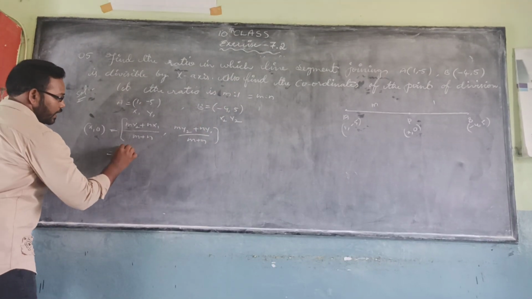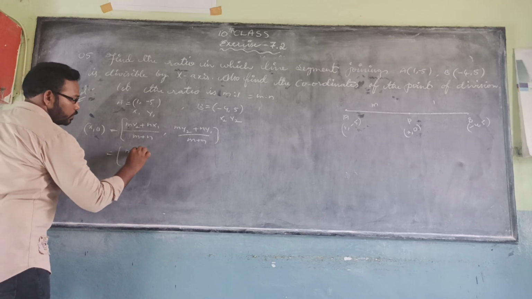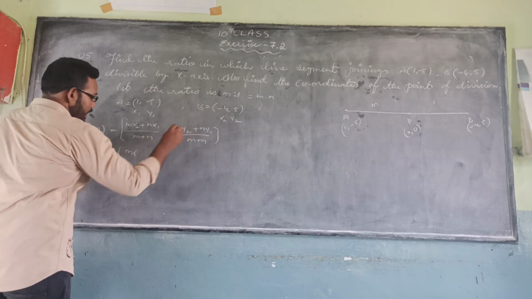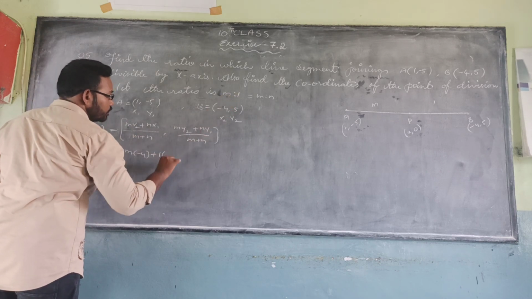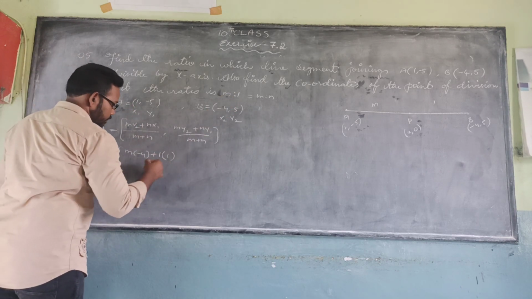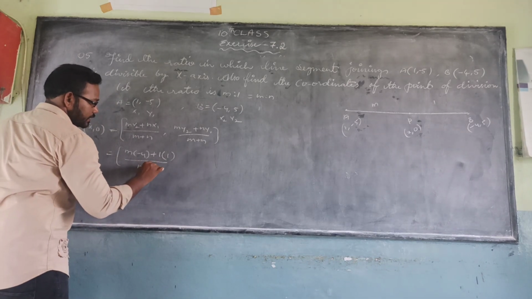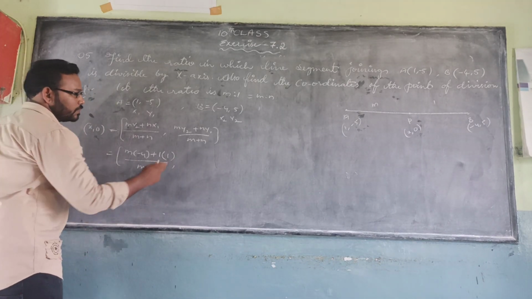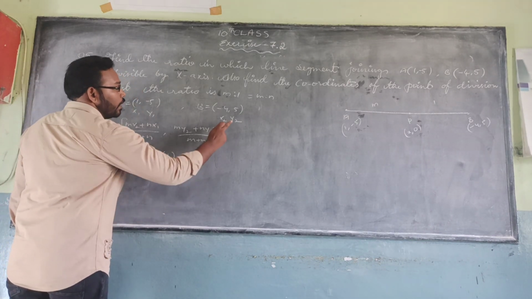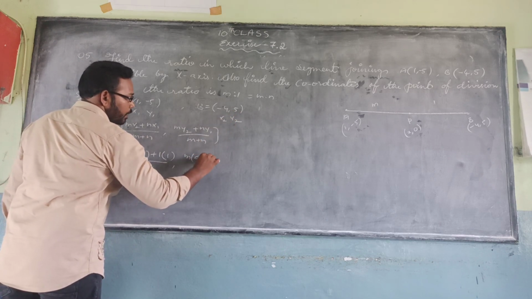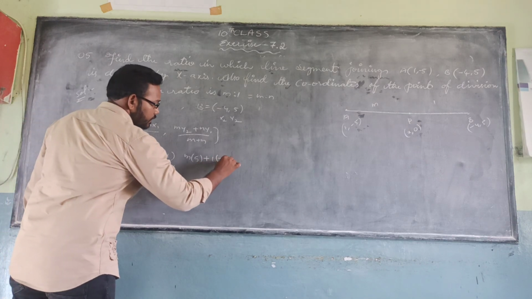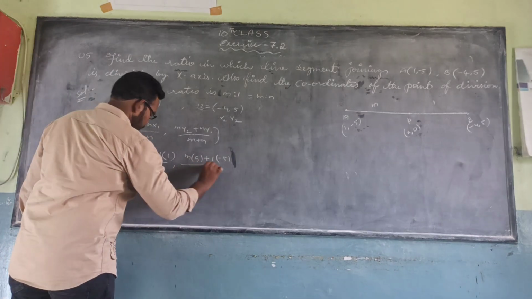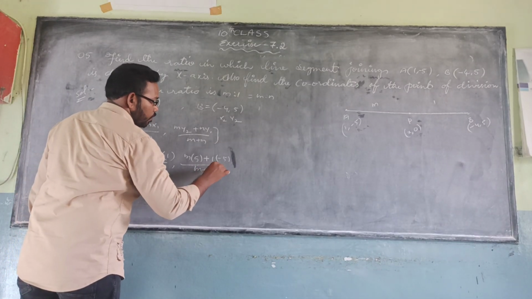If you substitute the values, m into x2 which is -4, plus n which is 1 into x1 which is 1, by m plus 1, comma, here m is m and y2 is 5, plus n which is 1 into y1 which is -5, by m plus 1.